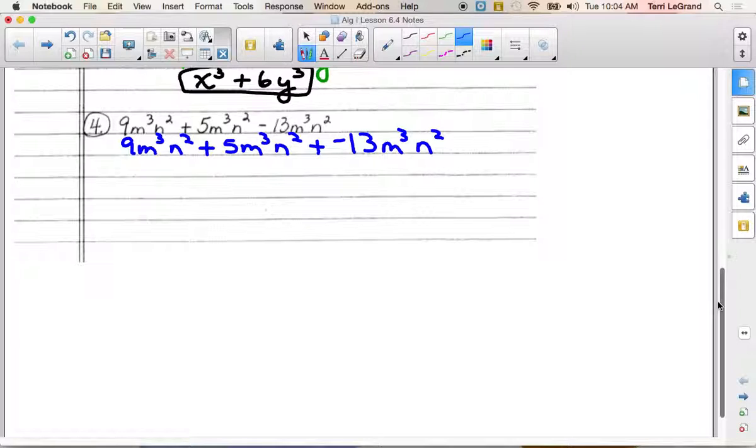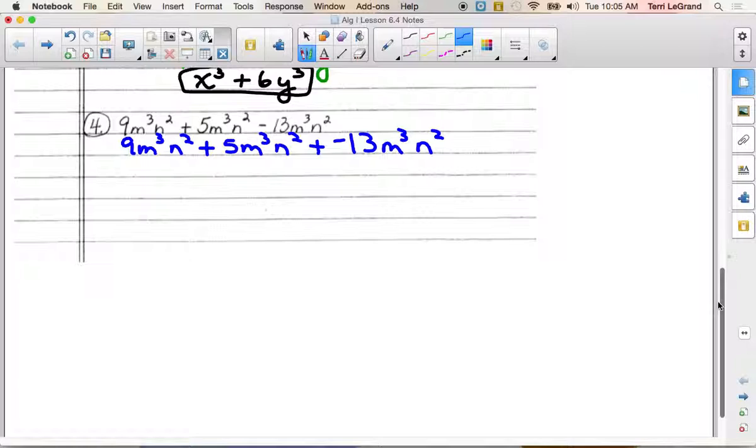Why did we do it that way? Nobody knows? Jacob? Because they're the same variables, to the same power. The variable parts match exactly.